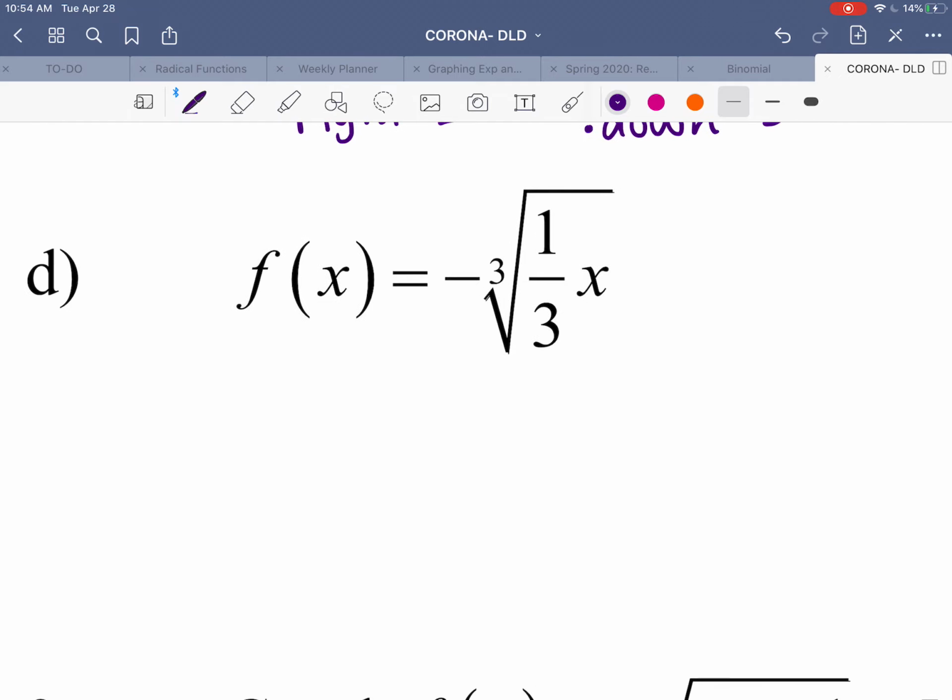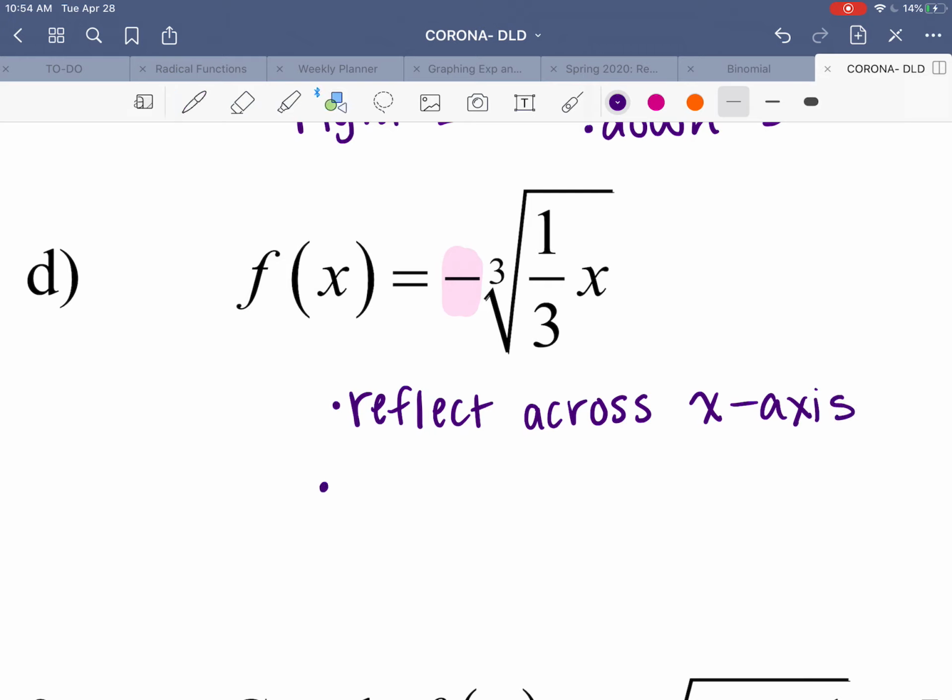So moving on to D, we have this negative out front, which means we're going to have a reflection. And since it's on the outside of the radical, it's going to be across the x-axis. And then our next reflection, we have that 1/3 under the radical again.